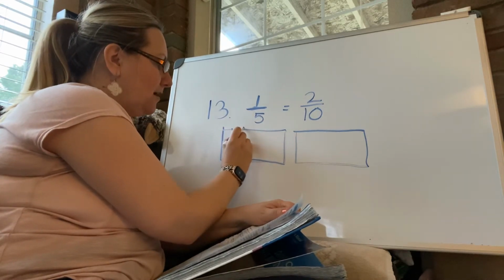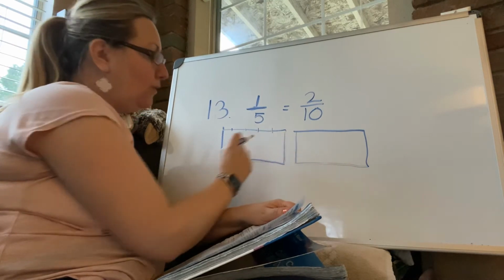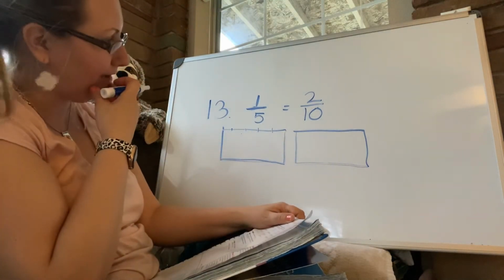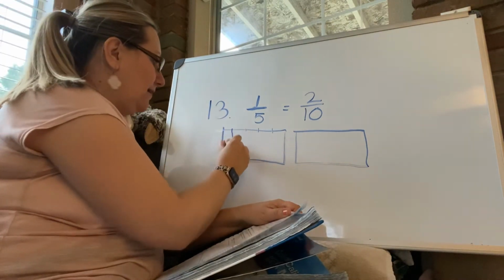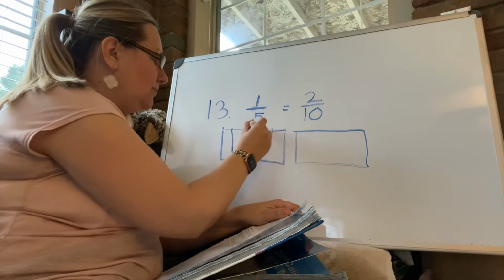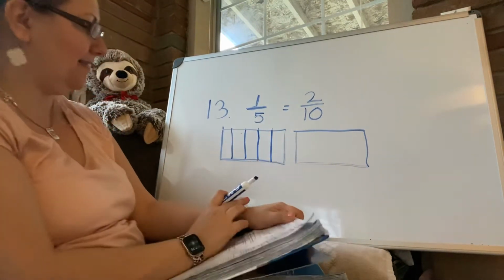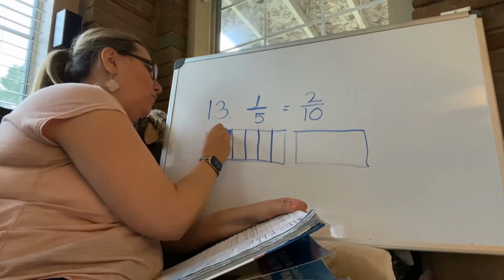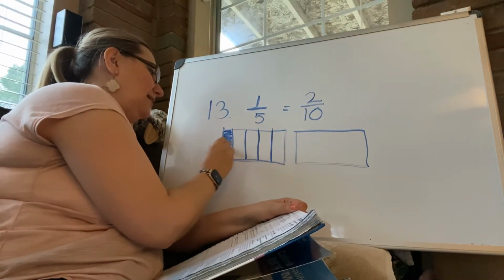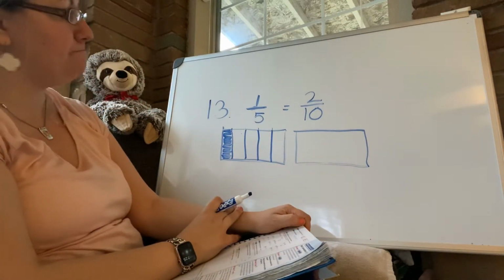Maybe mark it at the top. 1, 2, 3, 4. Remember, to divide a box into 5, we need to make 4 tally marks. So we have 1, 2, 3. That 4th line is going to divide that last one, so we have 5. And we are talking about 1 shaded out of the 5 equal parts in this rectangle.